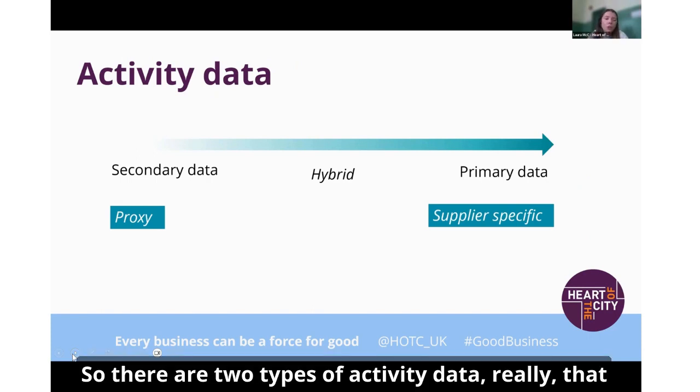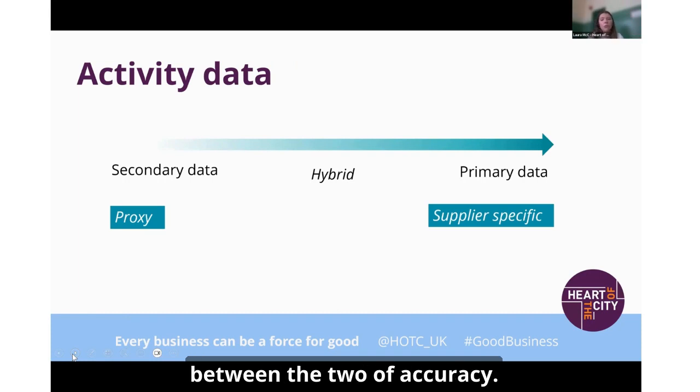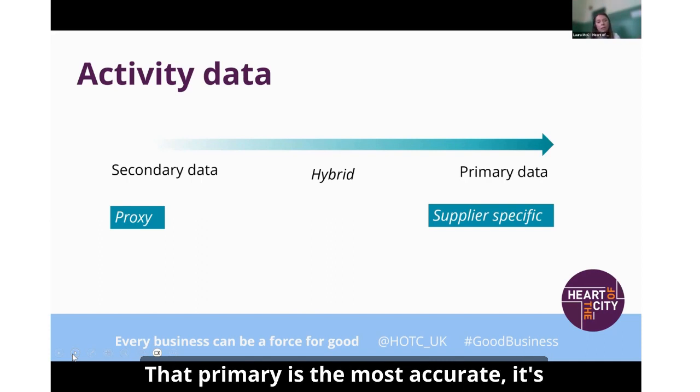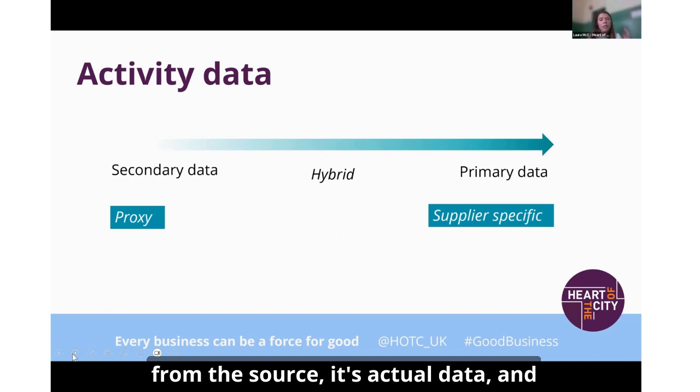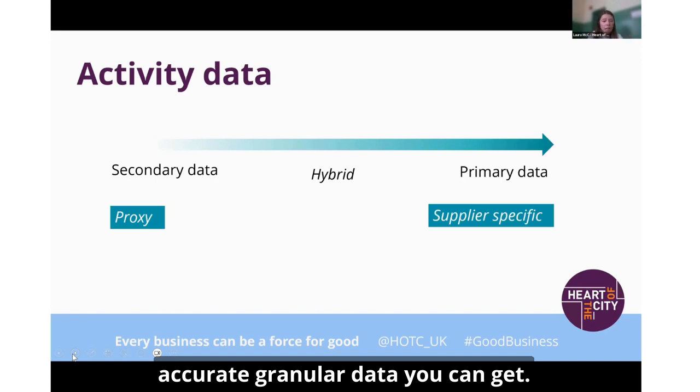There are two types of activity data that you can collect, and that's primary and secondary data. There's a sliding scale of accuracy between the two, and it's the same in whatever you do. Primary is the most accurate, it's from the source, it's actual data. Primary data is the most accurate, granular data you can get.